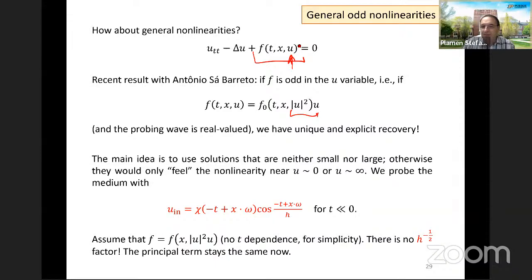You want solutions that basically test this function for any u. In other words, we take solutions like that, and we can play with that function. We can take the maximum of this function to be a parameter. So of course, you can basically include a parameter k here for free, because you can take different k's. And if you play with that parameter, then you feel, roughly speaking, the nonlinearity at different levels.